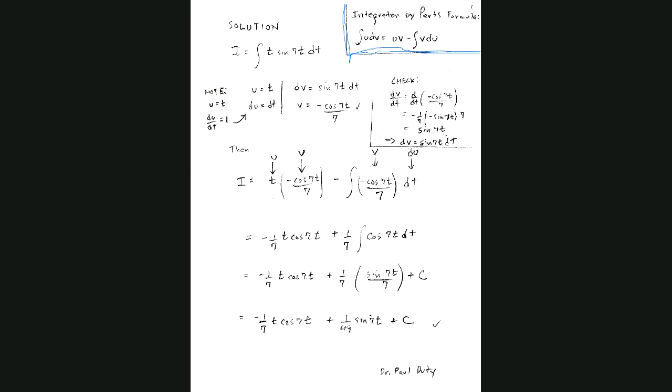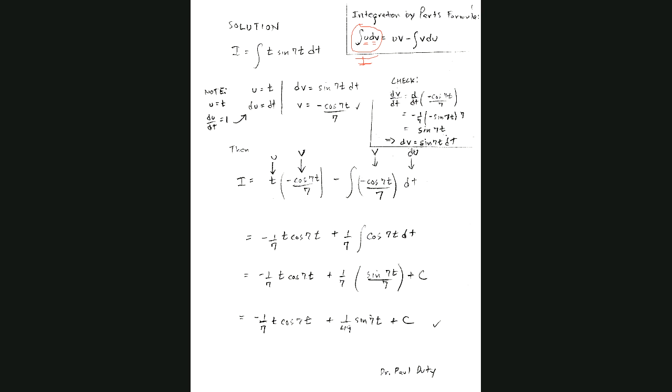So I'm starting out with this integral, on the left side here, the integral of u dv. So I have to identify what u is going to be, and I have to identify what dv is going to be.